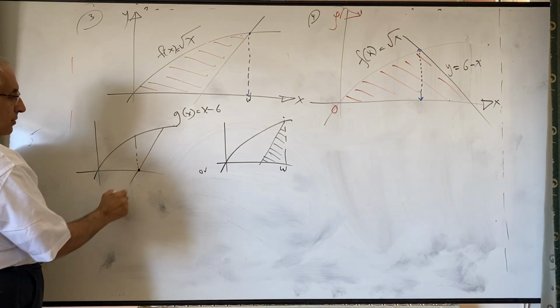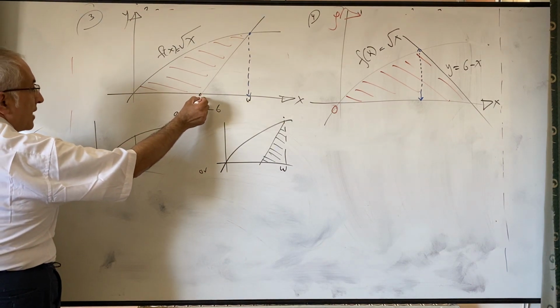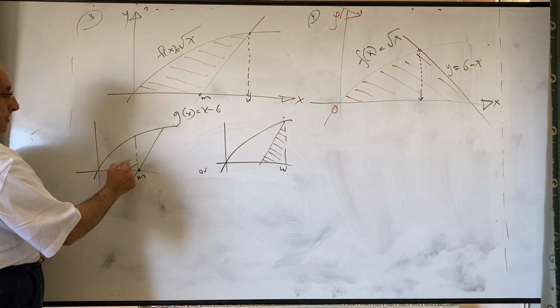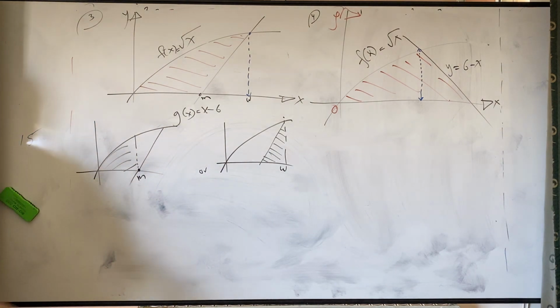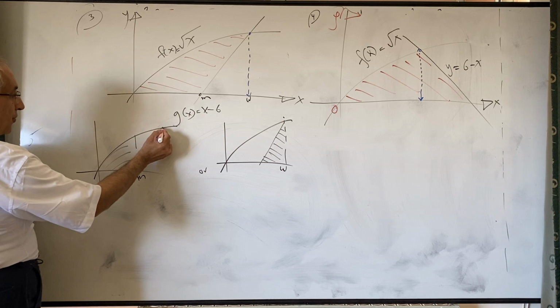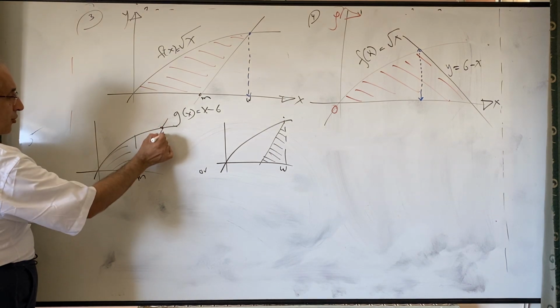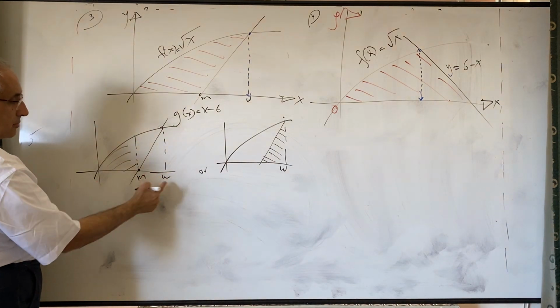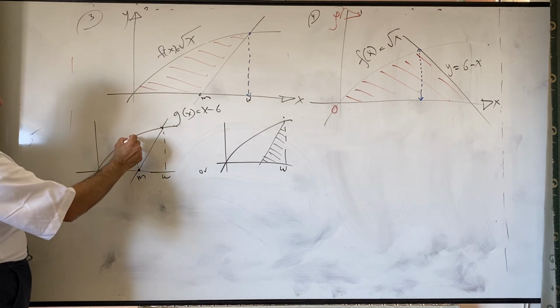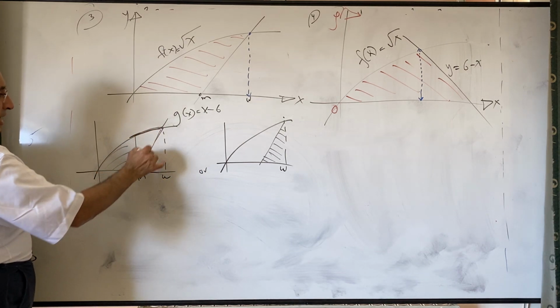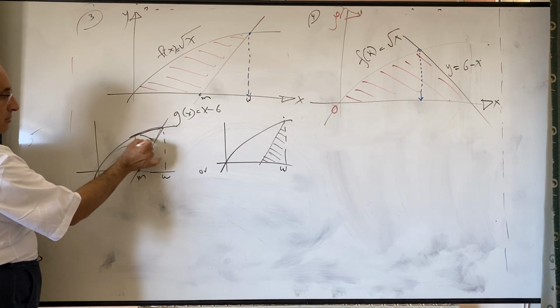So I have to know this point, that point. Let's call this point M. And then from here to here, W, find the big area under that line, minus the area under that, and you will get this one.